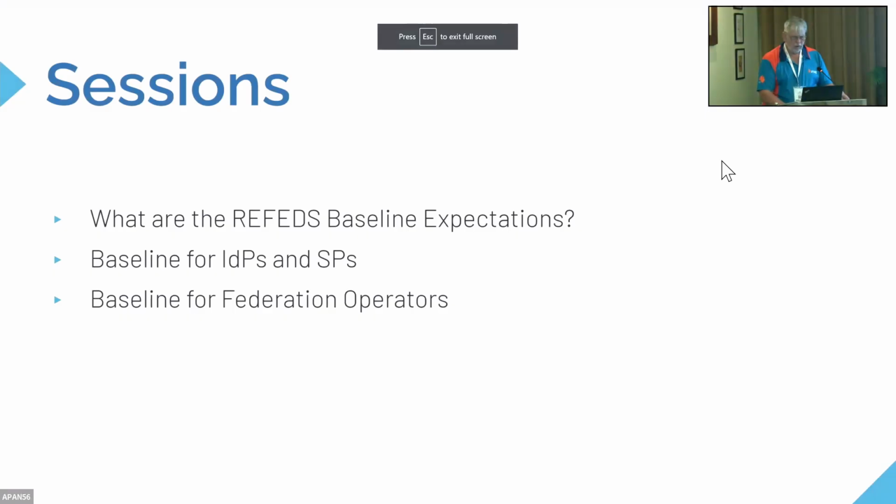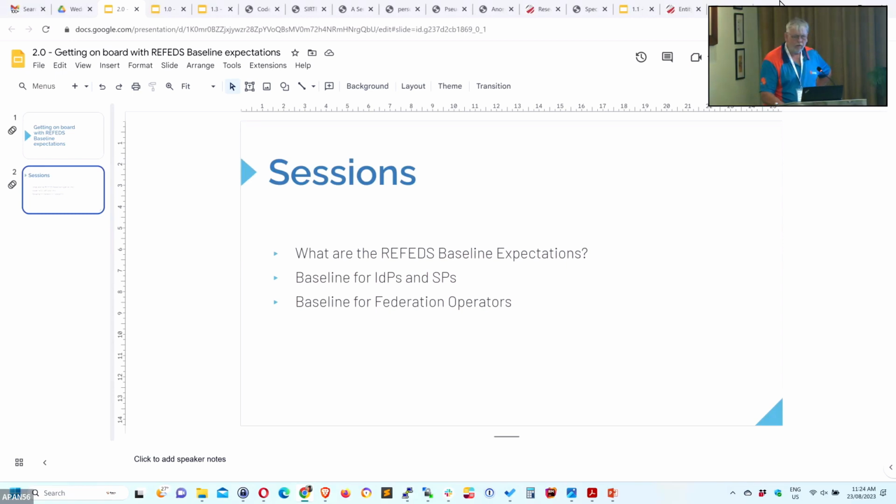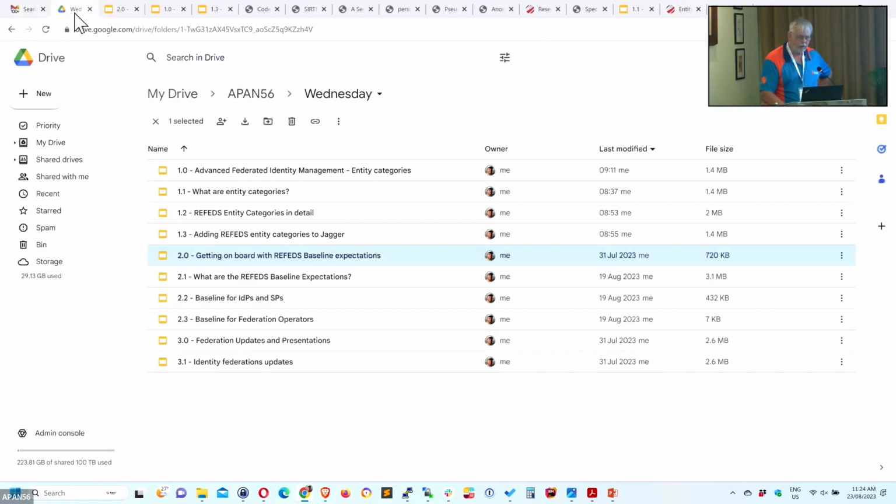In this session, we're going to have a look at what the baseline expectations defined by REFEDS are. We'll dive a bit deeper into the specifics for IdPs and for service providers, and then have a quick look at what federation operators need to be doing to meet these expectations. They're not too onerous, they just need you to actually do some work to get them done.